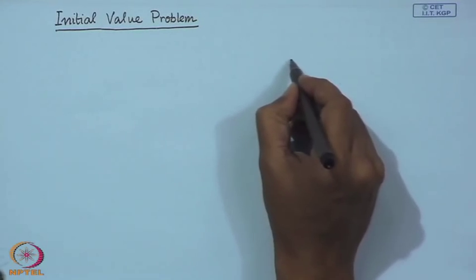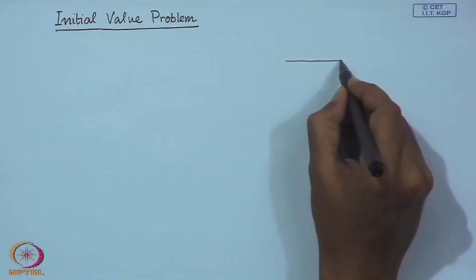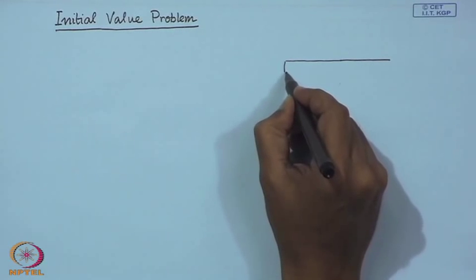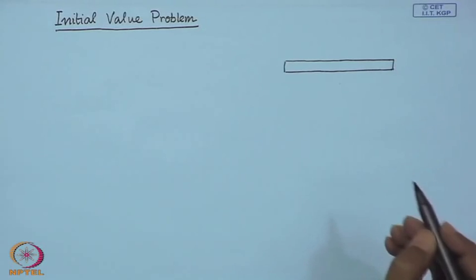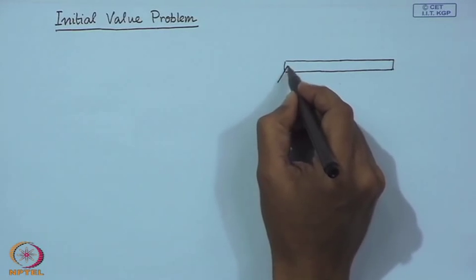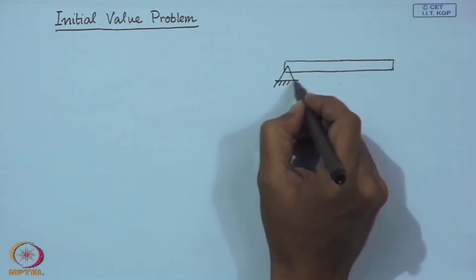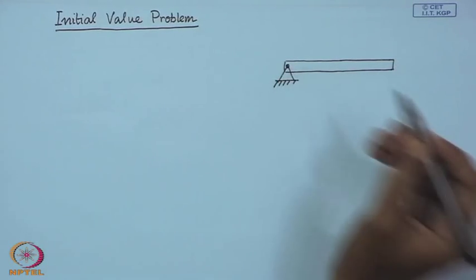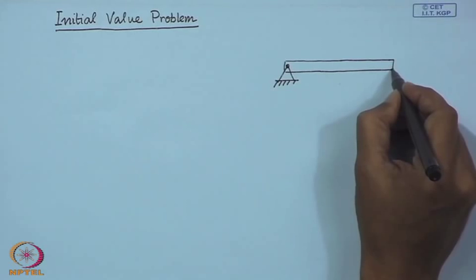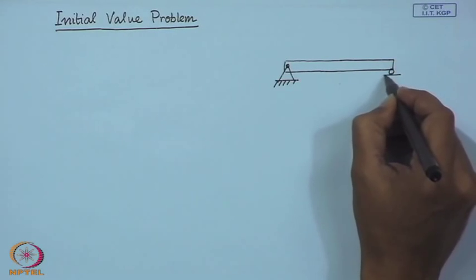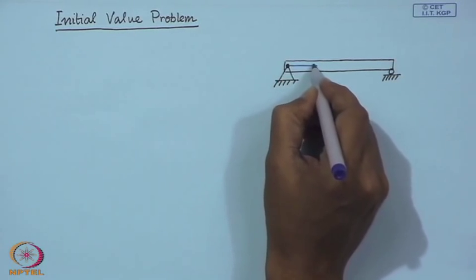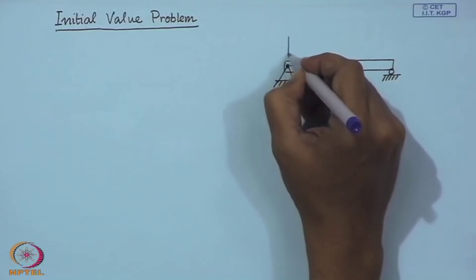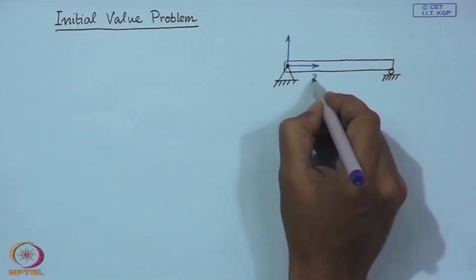The problem that we consider is this: we have a simply supported Euler-Bernoulli beam.